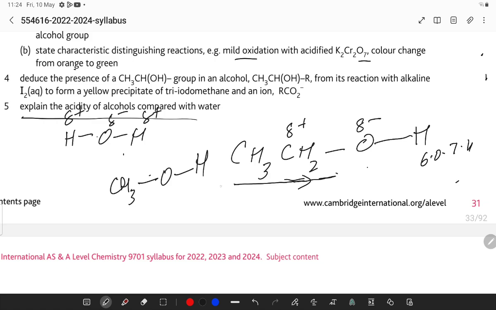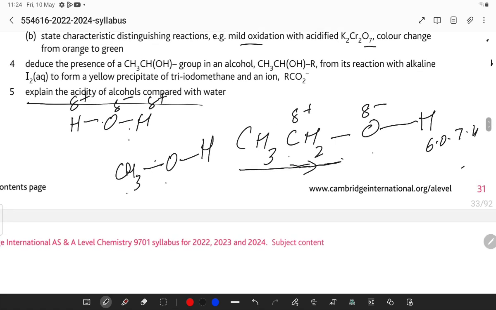So as the carbon chain increases in the alcohol, it becomes less acidic than water. In the case of methanol it is more acidic than water, and ethanol is less acidic than water.